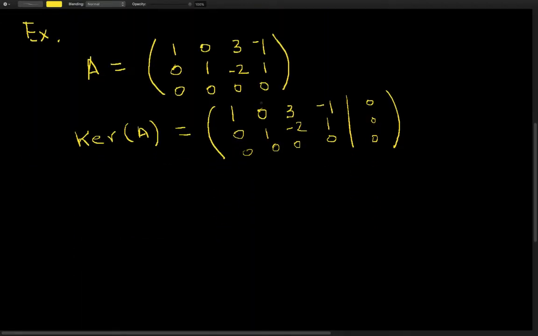So now that we've set up this augmented matrix, what can we do? We notice that we have these two free variables over here.